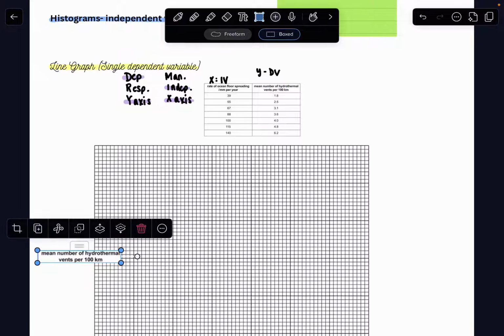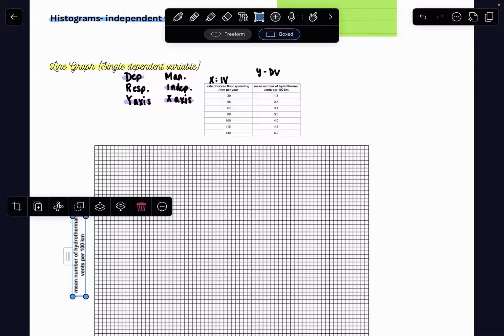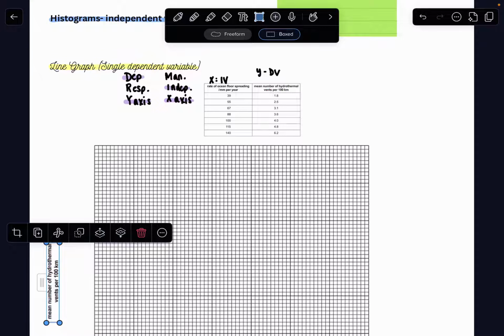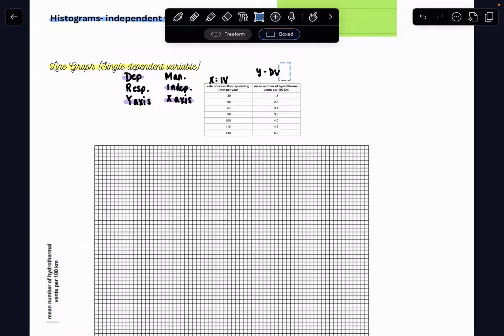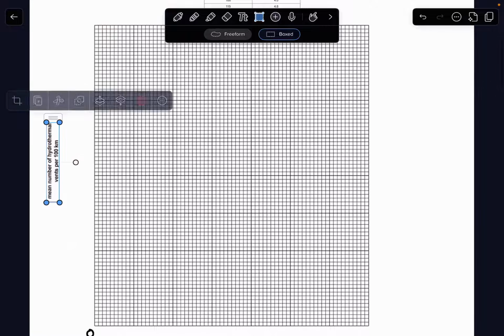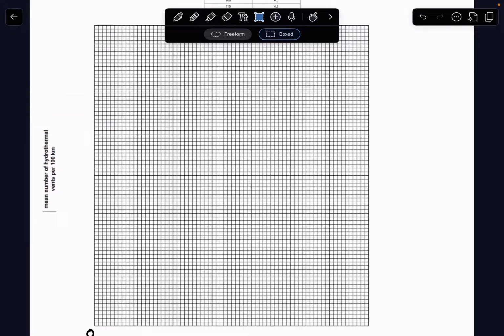Again, don't change anything. You can write your y-axis either horizontally or vertically, okay? Doesn't matter as long as it's titled correctly. Leave some space between your title and the graph itself so that you can fit your numbers.